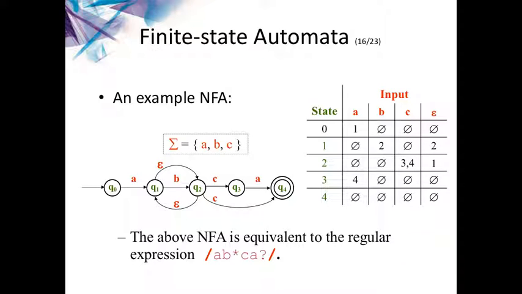But if for a single input you might be in different places, then now we have a problem. Why? Because the machine is non-deterministic.